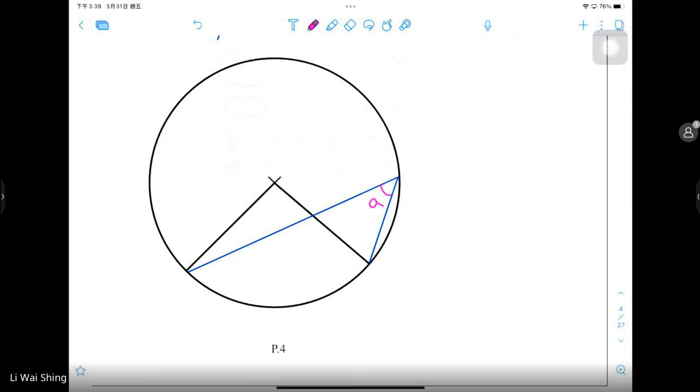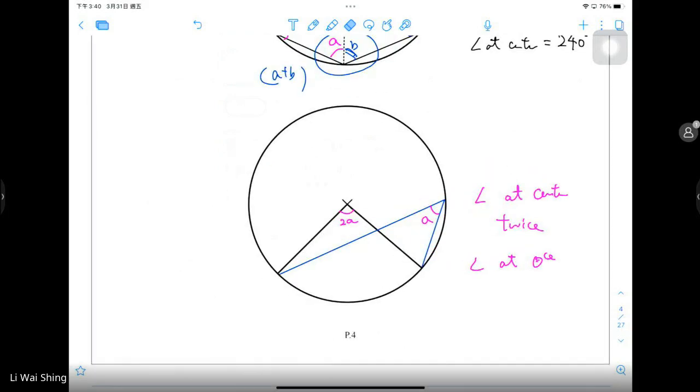If this is A, the angle at circumference equals A, then the angle at center equals how large? 2A. Remember, angle at center twice angle at circumference. 圓心角是圓周角的兩倍. I'm not doing the proof in this class. You do it yourself.